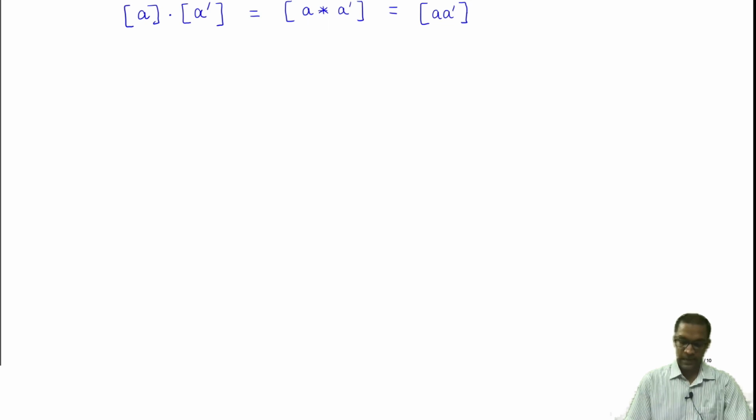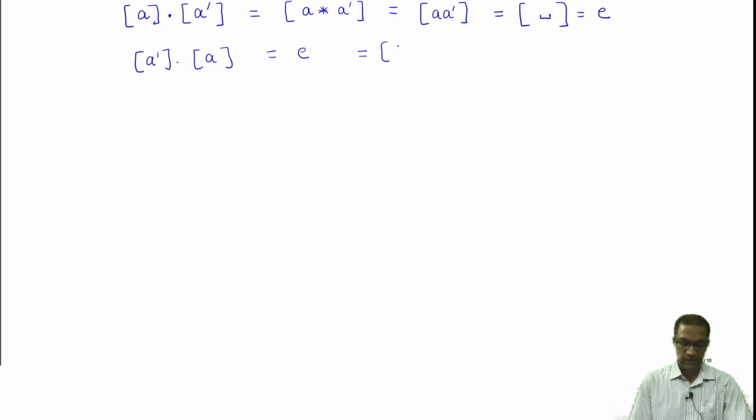But remember, A A prime by the rewriting rule is the same as the empty word. So the equivalence class of A multiplied by the equivalence class of A prime is in fact the identity element of this group. And of course in the other order as well, A prime multiplied by A would also give you identity.